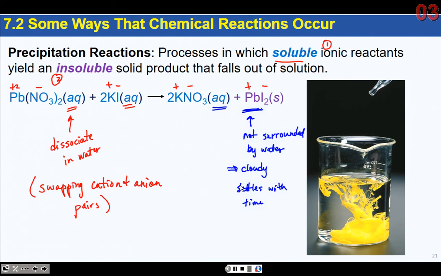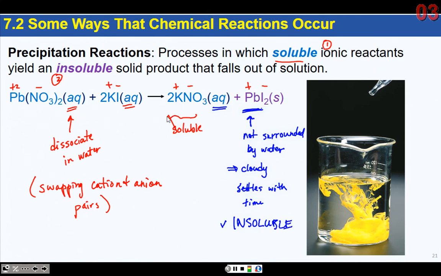And we will describe later how you know which ones are going to be soluble or not. Notice they're both ionic compounds, but this one turns out to be very soluble, and the other one is very insoluble. Lead compounds are commonly insoluble, but you don't know that until we find the rules.